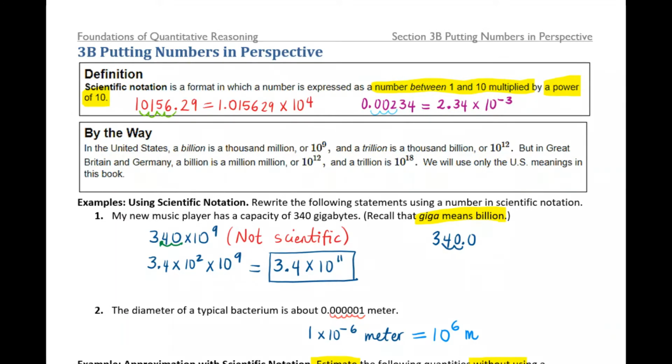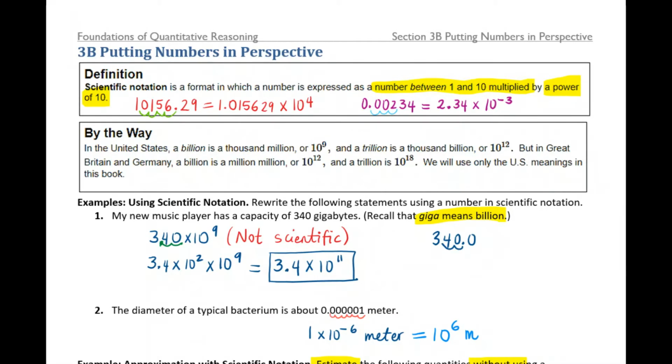In that case, since you moved that decimal point 3 to the right, that becomes 2.34 times 10 to the negative 3. See, this is the scientific notation of this number, 0.00234. It shows you the magnitude of the number as powers of 10.